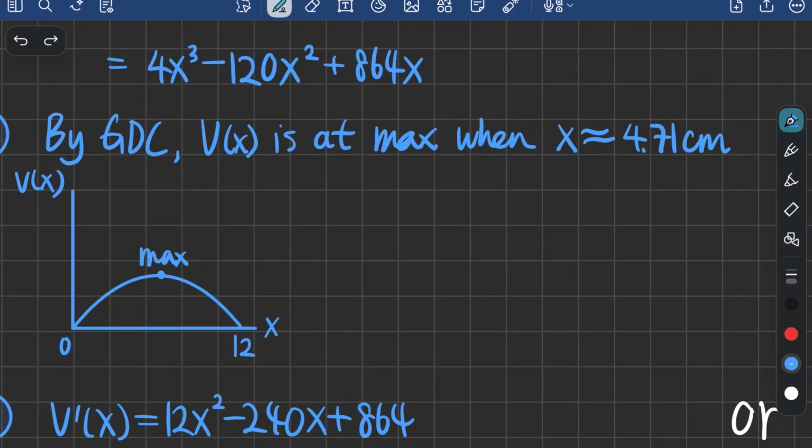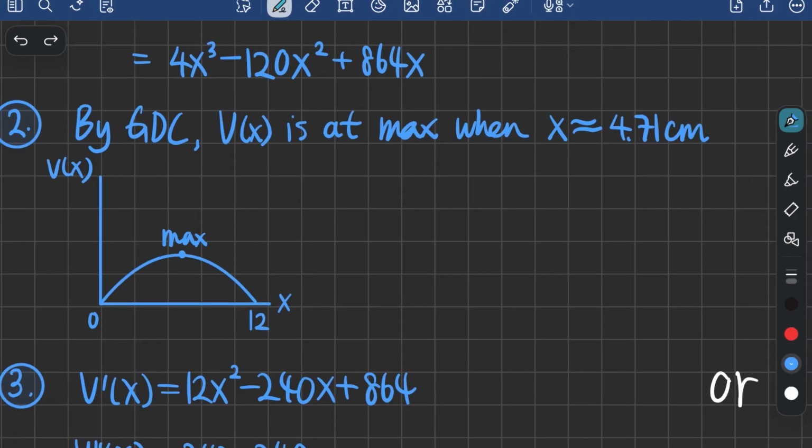And just add a little graph to show how you got it, like what's on your calculator. So that's plotting V(x) over x, and then the maximum is right here.